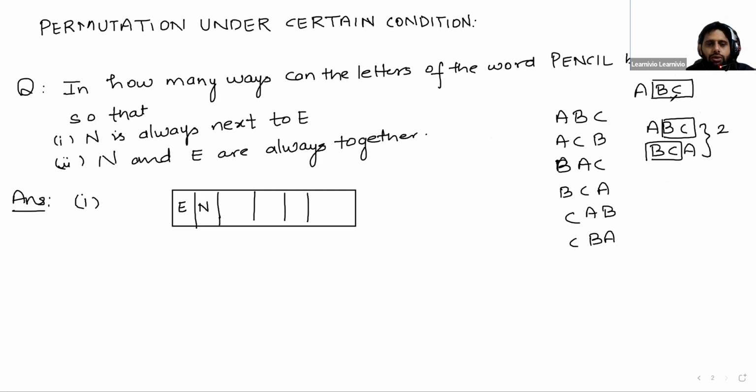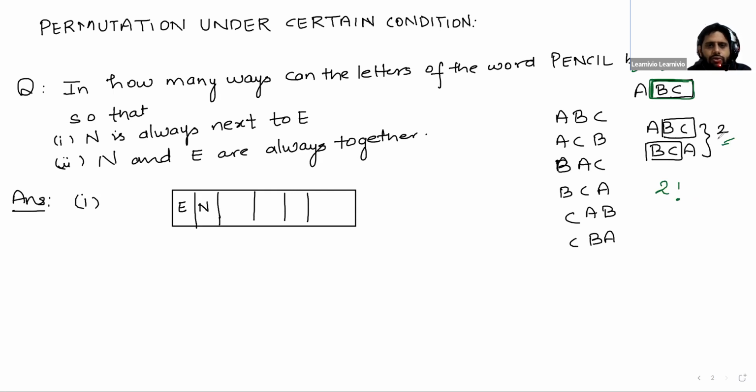If C should always be next to B, then mark this as a single alphabet, because it can't move. Now we have two alphabets, 1 and 2. These two alphabets can be arranged in 2 factorial ways. That's why your answer was 2.